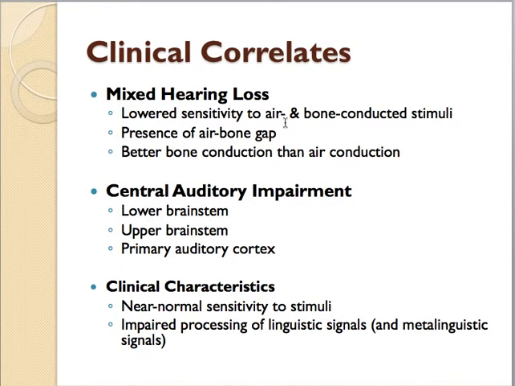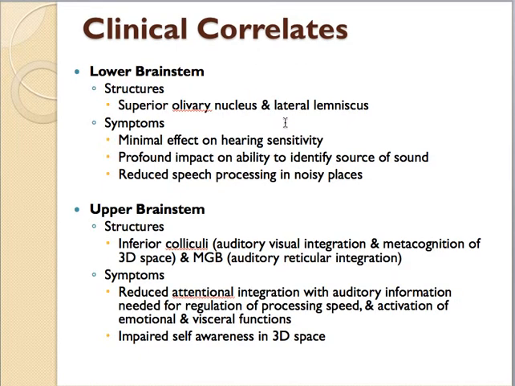Next, on slide 48, I want you to review mixed hearing loss for the exam, along with central auditory impairment, the clinical characteristics of hearing loss, and the types of deficits that will be associated with them.